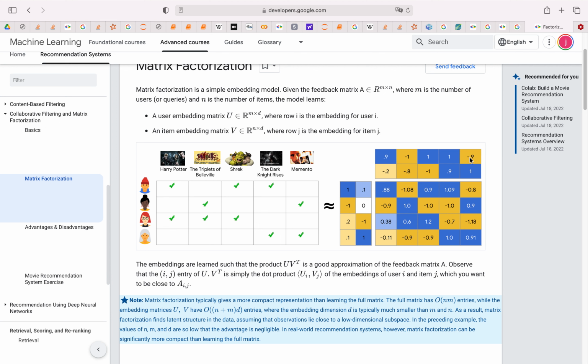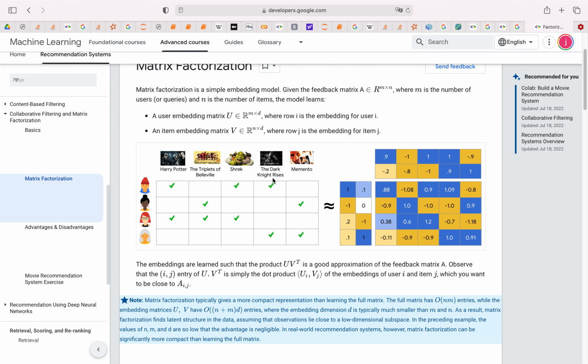In real use, you shouldn't create the capital U, the user embedding matrix, and the capital V, the item embedding matrix, by hand. There are methods you can invoke to compute them. To start with, we need to encode this feedback matrix. This is actually not the user rating matrix. Typically these do not come from ratings given by the user. In the YouTube or Netflix scenario, this simply means the user has watched Harry Potter, has watched Shrek, has watched The Dark Knight Rises.